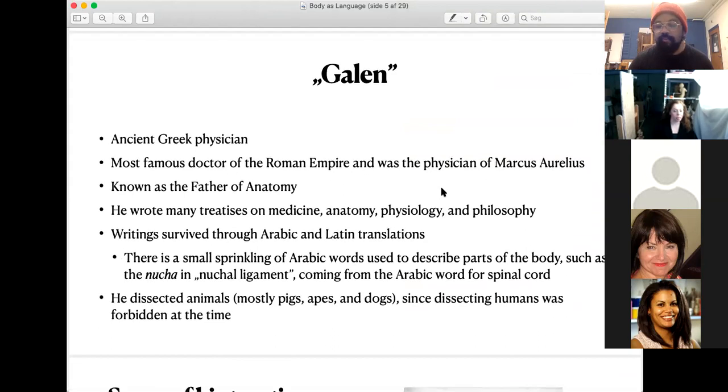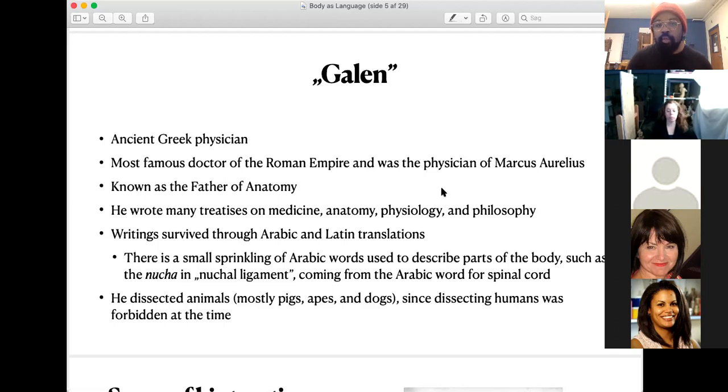Galen was an ancient Greek physician who worked primarily in the Roman Empire, and he was really famous for being the physician of Marcus Aurelius, as well as two successors in the Roman Empire. He's known as the father of anatomy. He wrote so many treatises, I don't know how to pronounce that word, but he wrote so much about anatomy, physiology, psychology even, and he felt that in order to be a physician or a doctor, you also had to be a great philosopher.